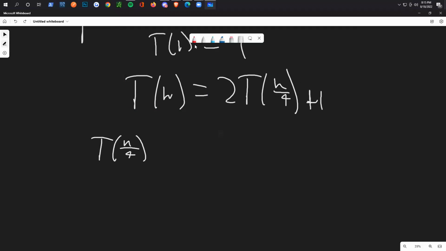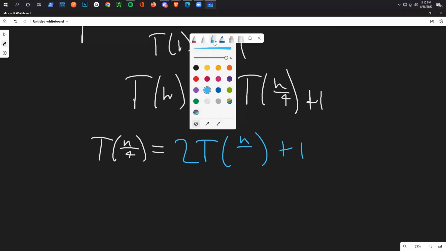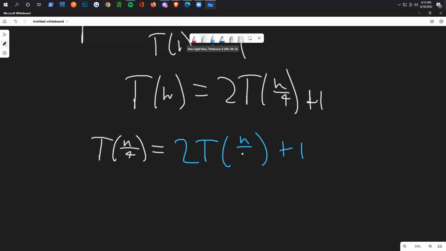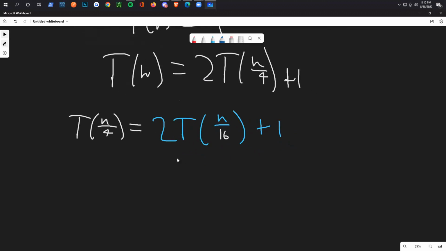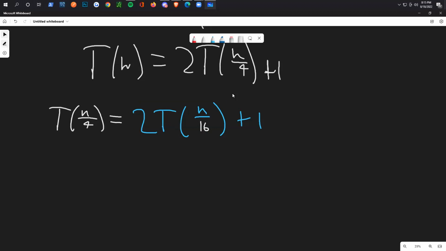So that means that this is going to be equal to, and I'm writing in blue, what stays the same again. And what changes is this. It's now going to be 16. So we're just going to stick to 4, right? We're just going to stick to power of 4.